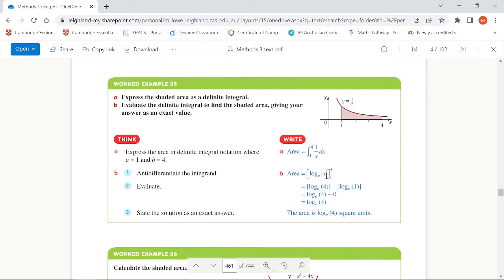Okay, so that's our integral, and then putting our boundaries then 1 to 4, and then substituting in and getting our value. Okay, because it's asking for the area, then we put in square units. I mean, you could write units with a little 2 above it if you wanted, or write it as square units like that, or sq units. All that is fine.